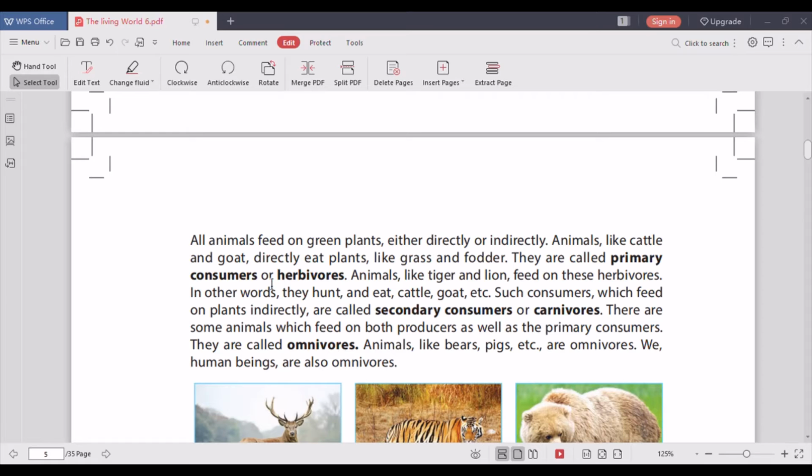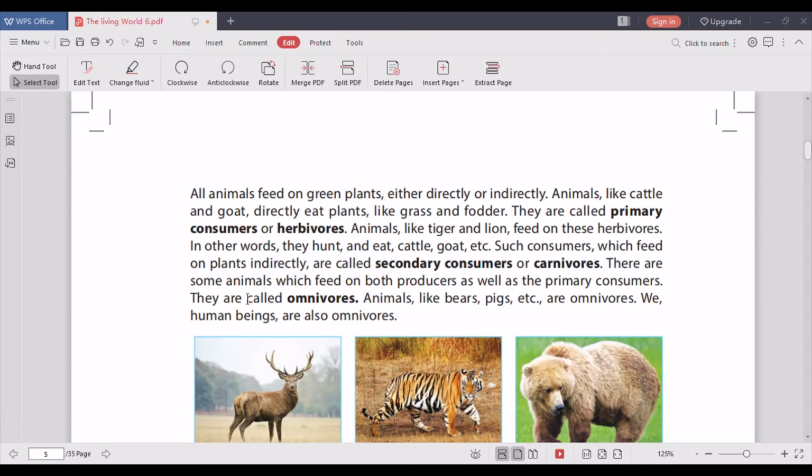So some animals like tiger and lion hunt the herbivores and consume them. So they are consuming the green plants indirectly, because herbivores are eating green plants and carnivores are eating herbivores.